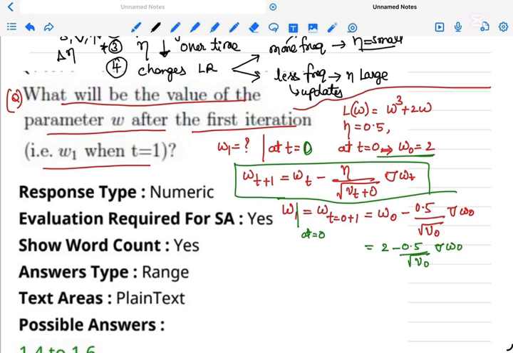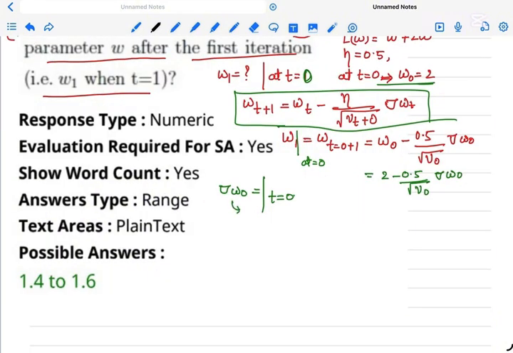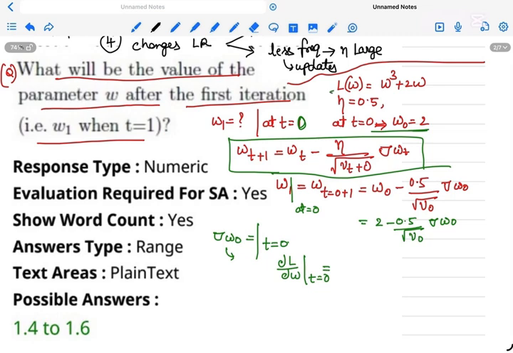We want to find delta W naught, the gradient at t equals 0. The partial derivative of the loss, dou L by dou W, at t equals 0. This is the loss function, so that is 3W square plus 2 at t equals 0.